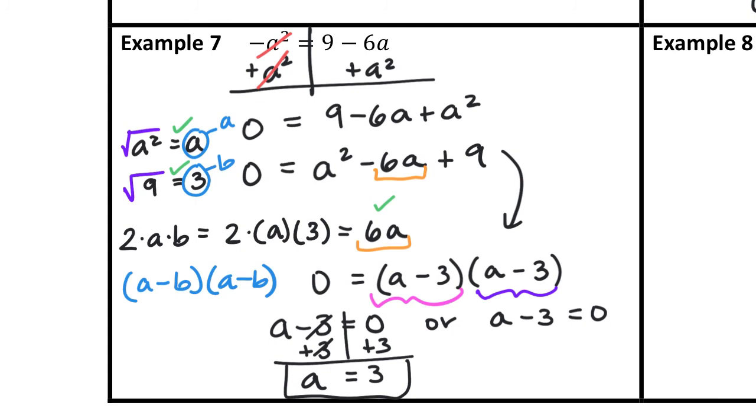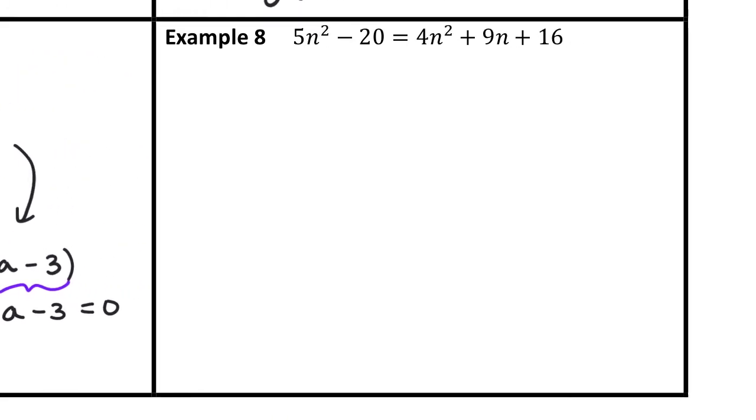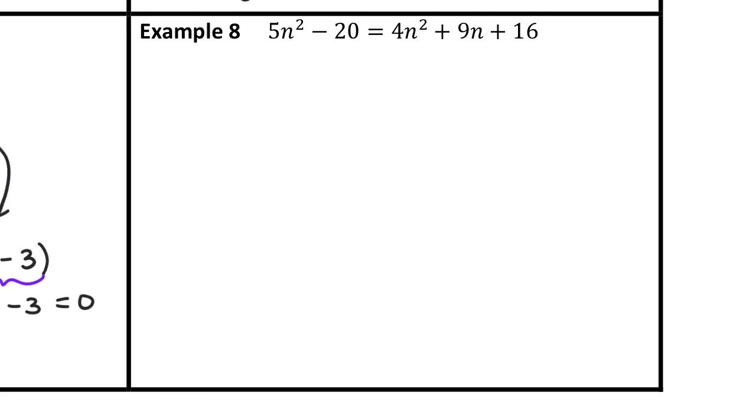Let's go to the last example, example 8. Move everything to one side. That's the first rule. If I look at the n squares, I want to get a positive n squared. So I'm actually going to move the 4n squared first.